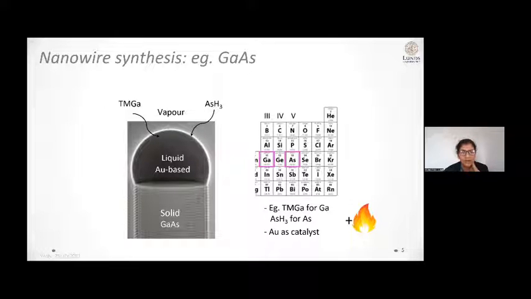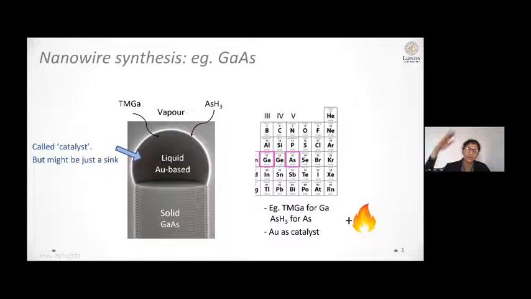Now, in the conventional definition, a catalyst is basically something that reduces the activation energy for a reaction to happen, right? But that need not necessarily be the case for catalysts used for nanowires.